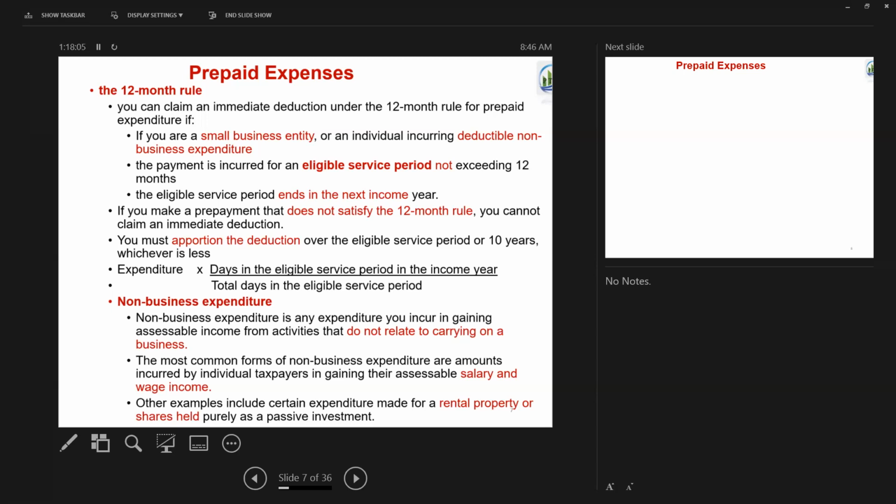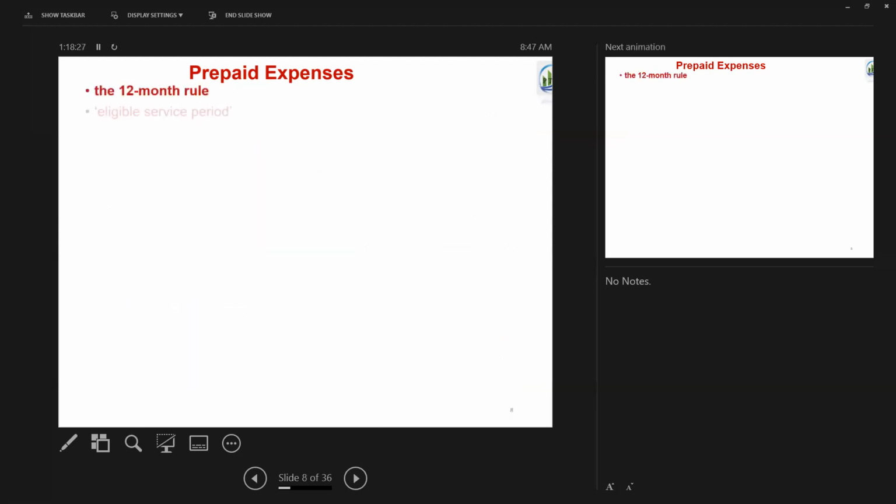Say 180 days. So 365 total days in the eligible service period, and 180 days in the eligible period in this income year, multiplied by the total expense, 1200 in our question. I will show you this formula through an example in a minute. I'm sure you will understand through the example.